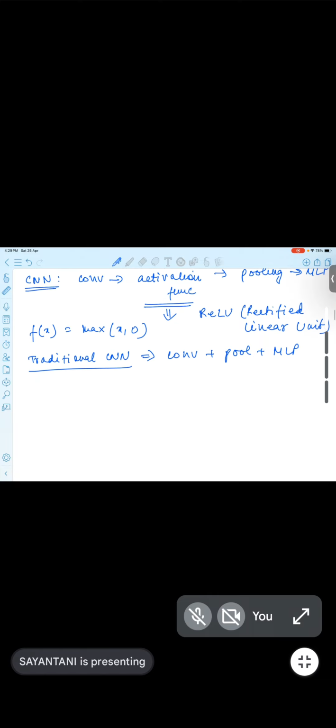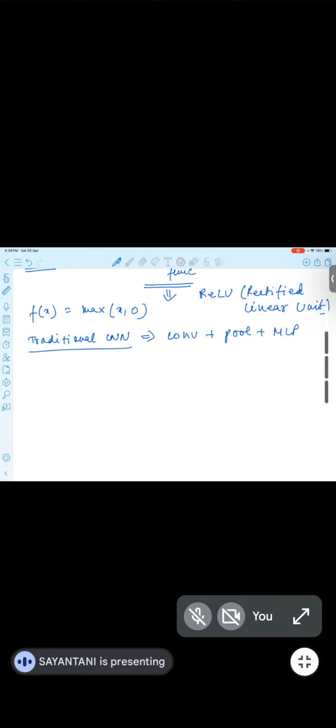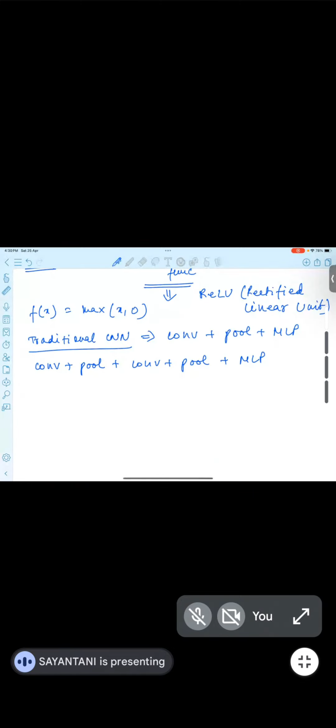But sometimes if your data set is very large, you might have to perform convolution, pooling, again convolution, and then pooling. Finally, when it has reduced to a considerably small size, you feed it to the MLP for classification.